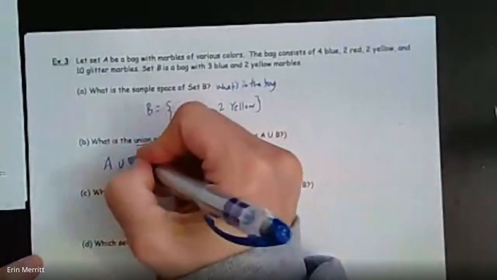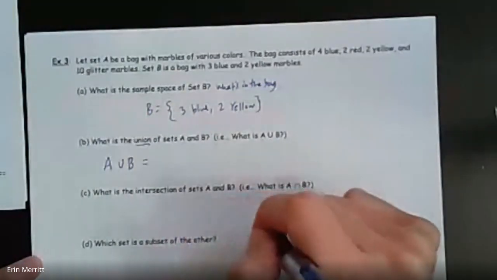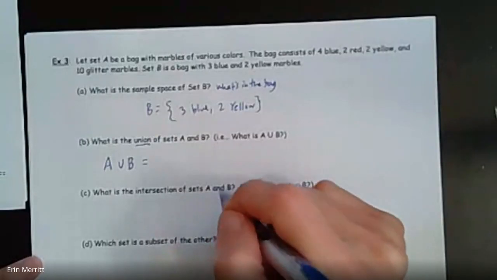Right. When it says what is in the union of sets A and B, so that's A union B. Remember, union like reunion, everybody. So you got to list everything all together, all right? So when you put the two sets together, oh, goodness gracious. All right, what would we have here? We would have the 4 blue from here plus another 3 blue.